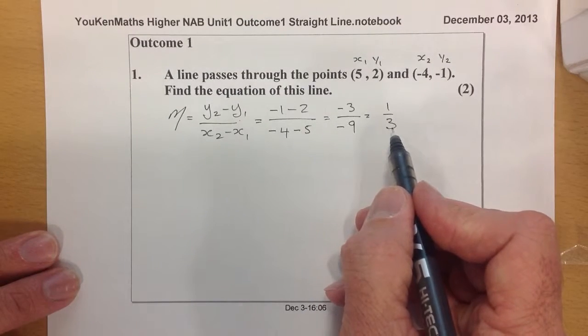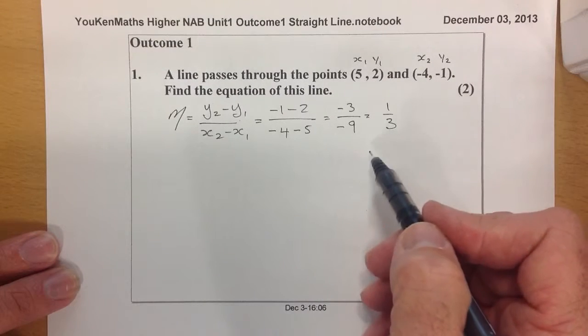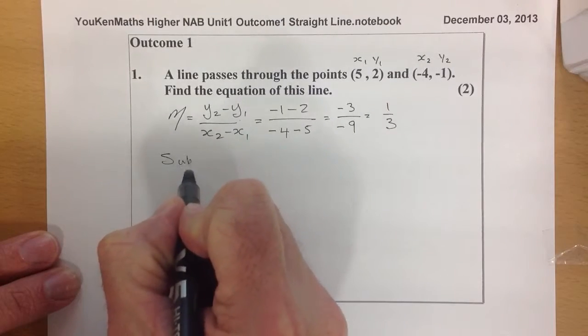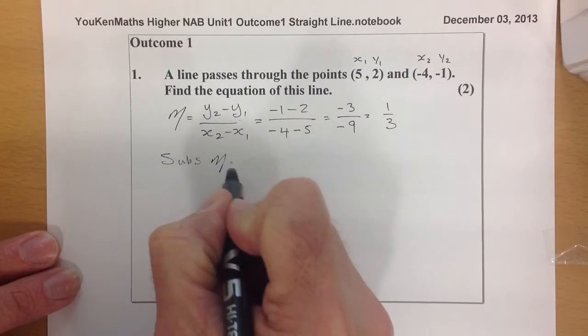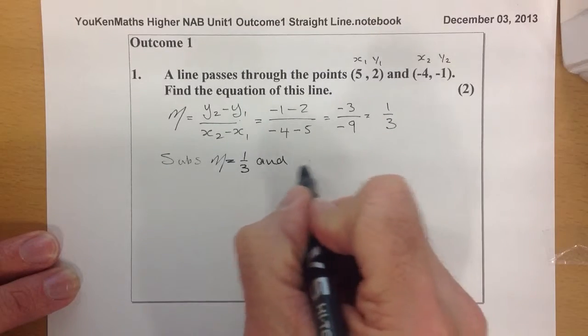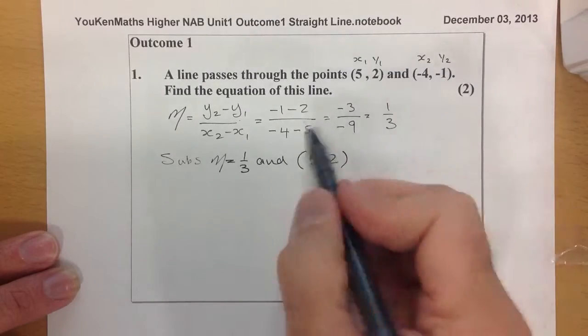What I can then do is use either of these points and the gradient to work out the equation of the line. So I'm going to substitute the gradient that I've worked out, which is 1/3, and I'll also substitute one of the points. Let's just choose the first one. It doesn't matter which one I choose, I can choose any.